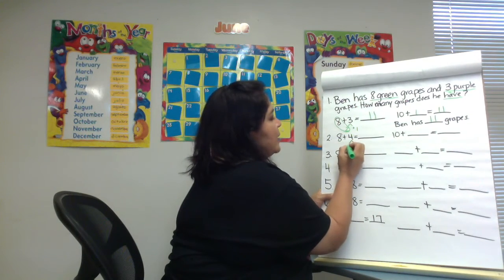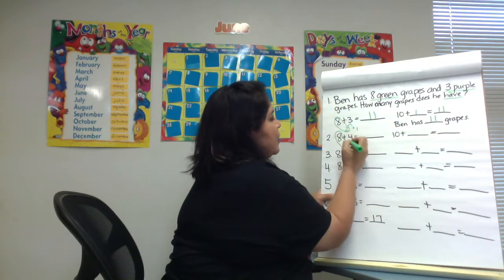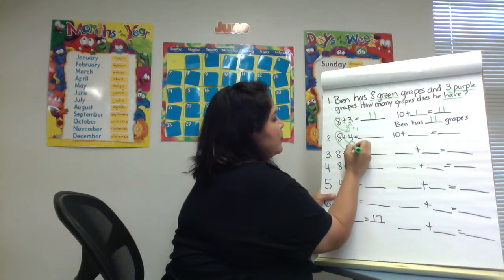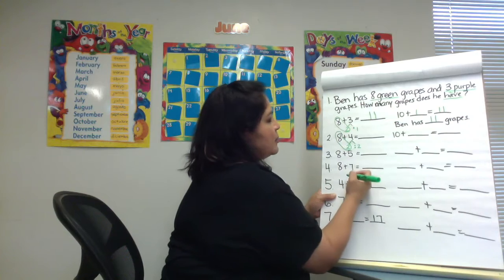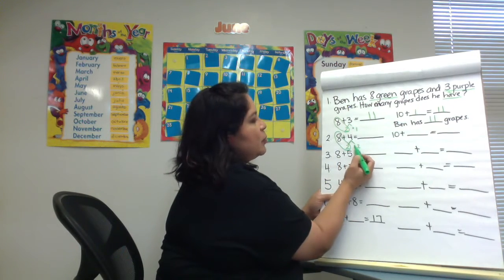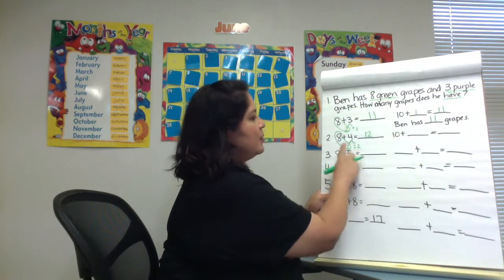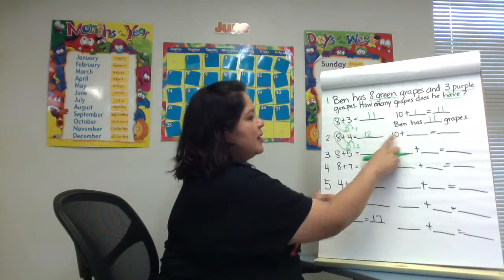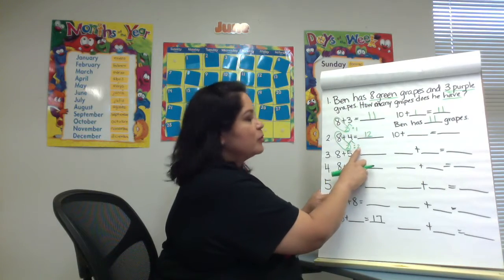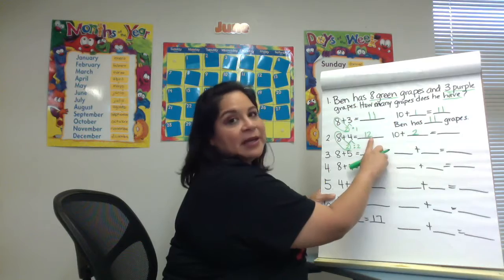We know that 8 needs 2 to make 10. 2, 3, 4, that's 2 dots, right? So now we add them, 10, 11, 12. My answer is 12. 10, which is this 10, plus how many were not circled? 2 equals how many? 12.